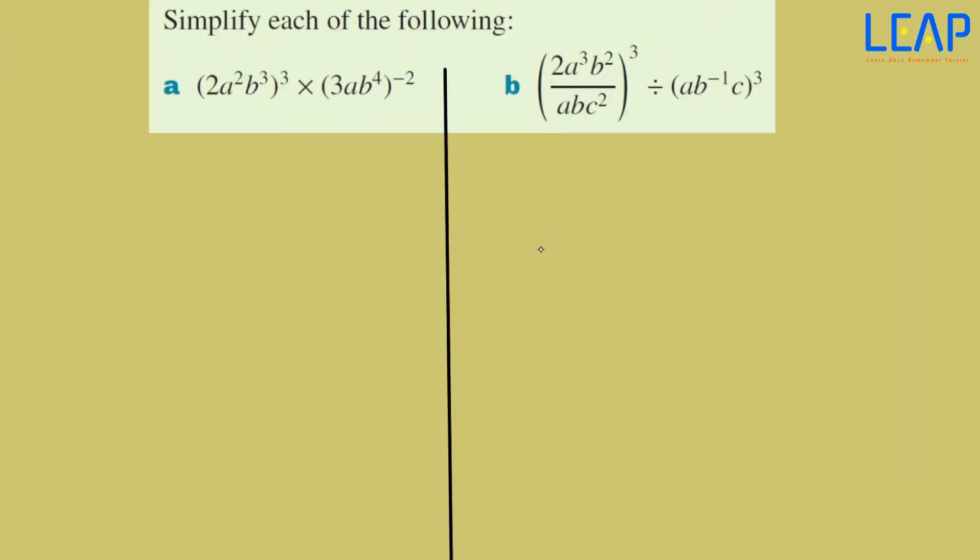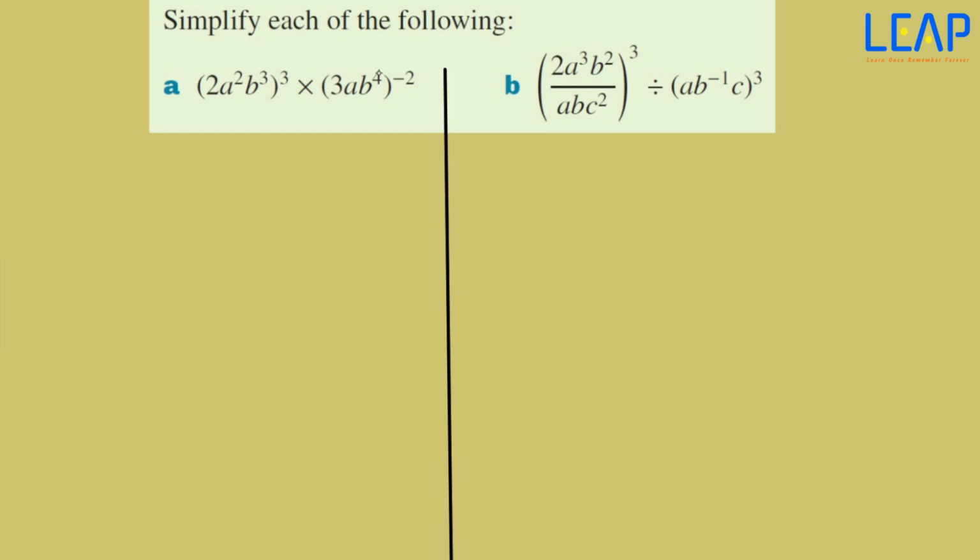So let's start with the first one. Here you can see that this is a much simpler question. The first one has a positive index already, but the second one has a negative index. Whenever you have a base with a negative index, we have already seen that we have to take the reciprocal of the base, right?